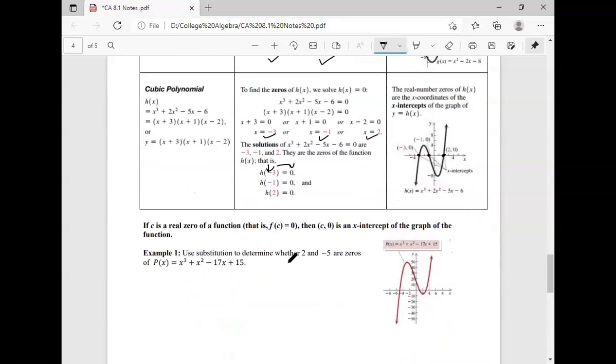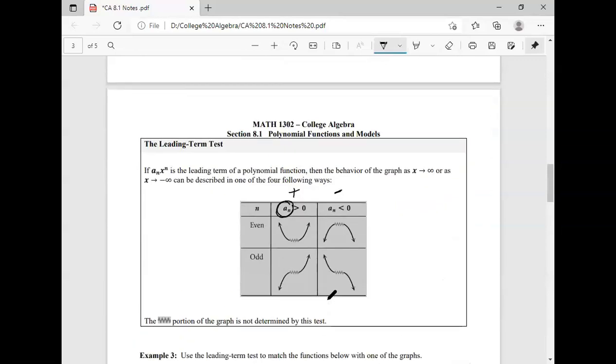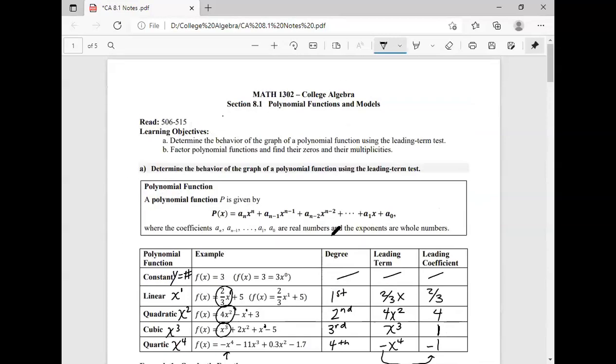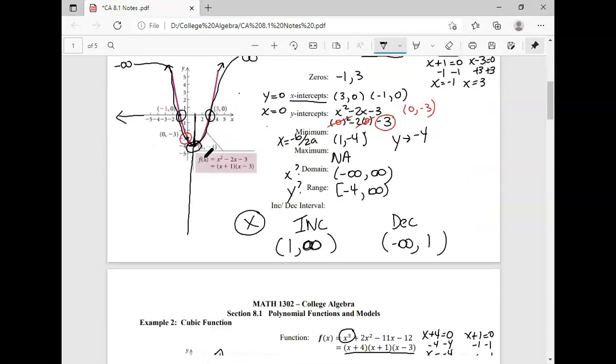There is something called, I'm going to go back to my objectives real quick so I can make sure I say it right. I guess there's not a certain term for it, I'm sorry.